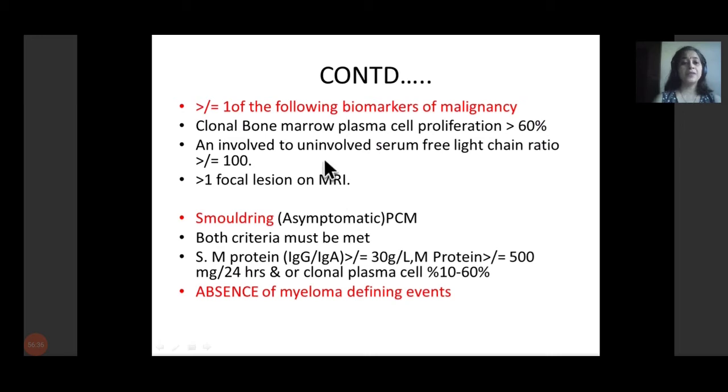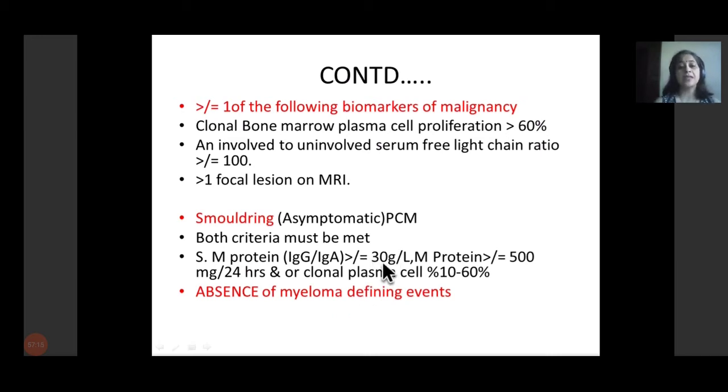Then compared to PCM, which is manifesting, we have one which is not manifesting, which is silent, asymptomatic, and it is called smoldering, where the criteria which are made for the PCM are different here because the involved immunoglobulins are lesser, and the excretion of those immunoglobulins into the urine is also lesser, and the clonal plasma cell percentage is nearly the same, between 10 to 60%, but the most important is that the myeloma defining events are not completely fulfilled.